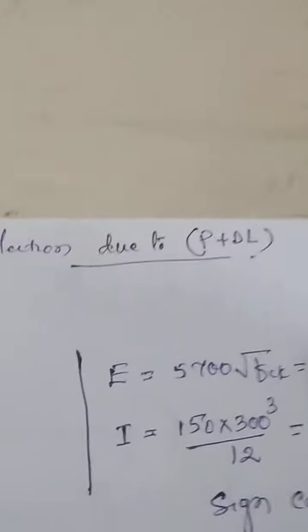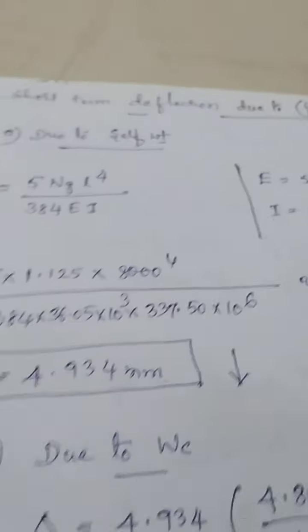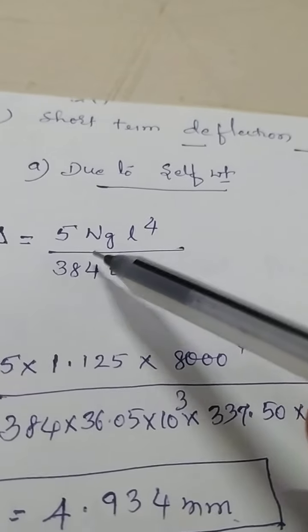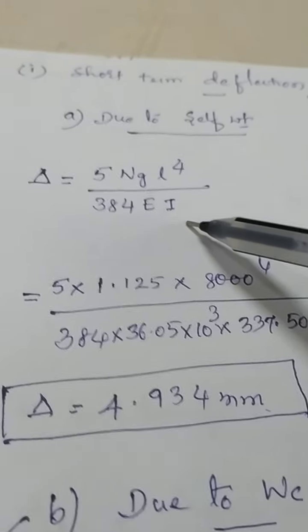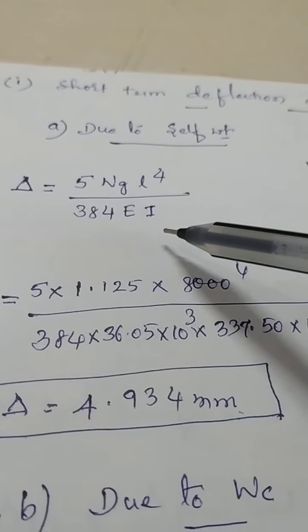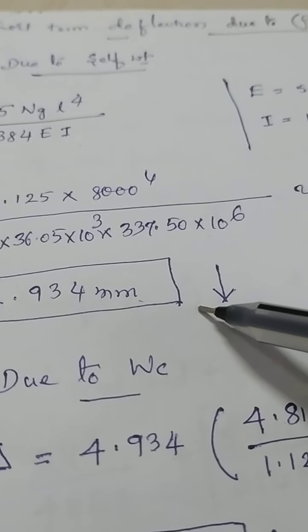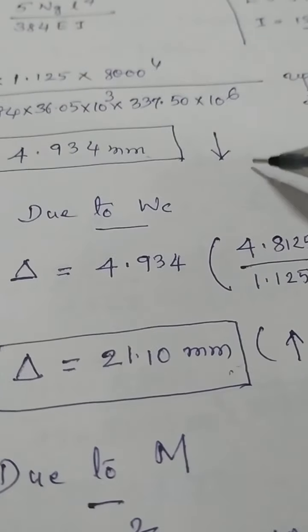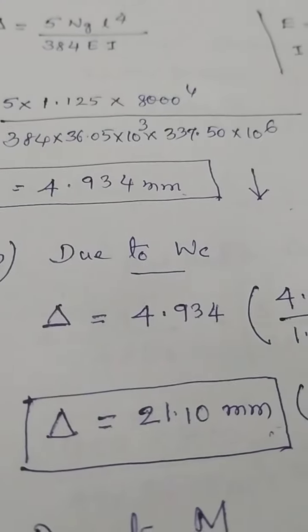Now come to deflection, short-term deflection due to P and dead load. Due to self-weight, 5WL raised to 4 divided by 384EI. This is a positive value because dead weight is acting downward, it will create downward deflection, that is 4.931934 mm. Then due to WC, it is an upward UDL.